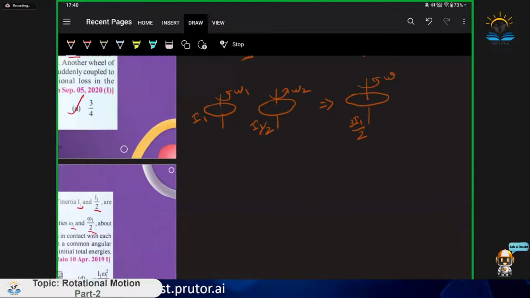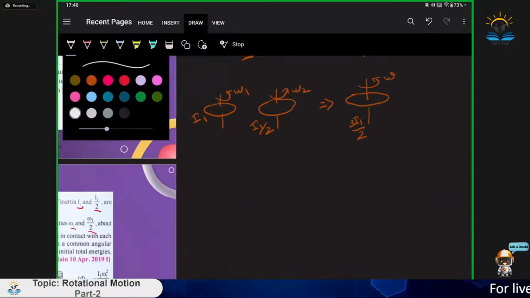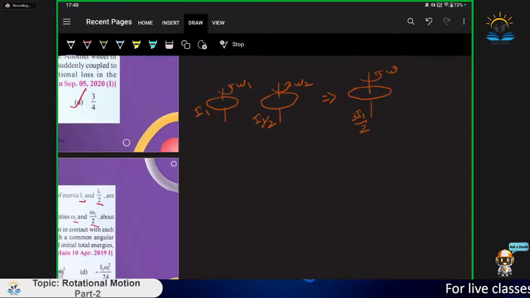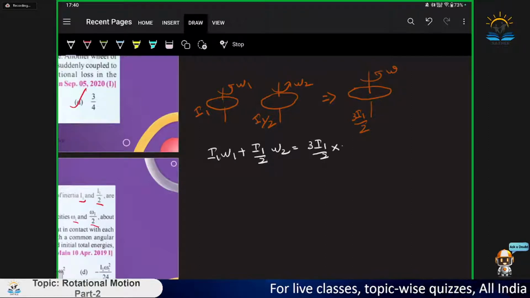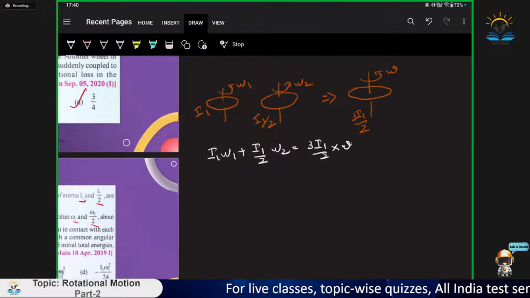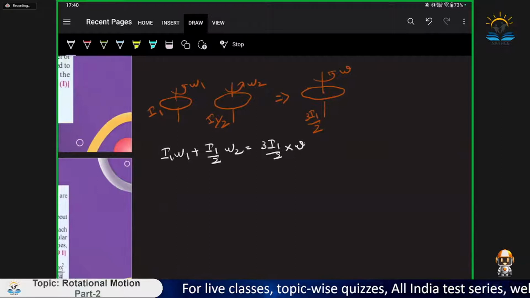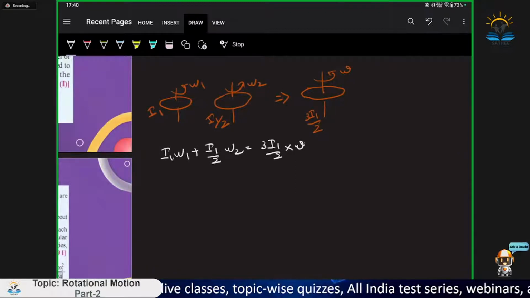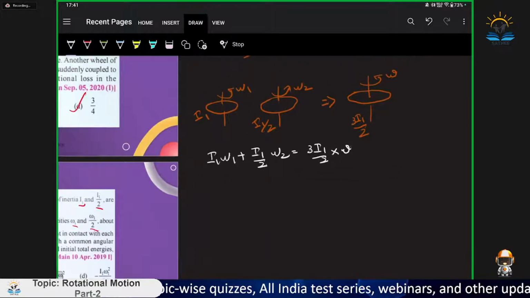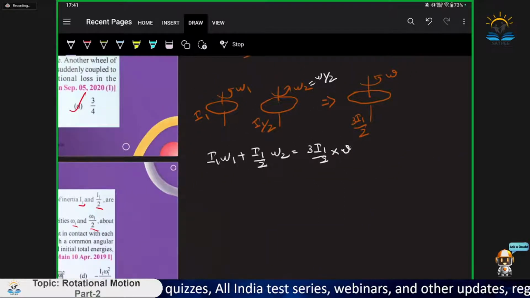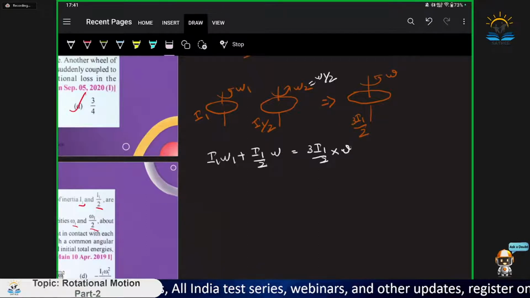Okay, this is the condition. There is no net torque, so by conserving angular momentum, the initial angular momentum is I1 omega 1 plus I1 by 2 omega 2, equal to the final angular momentum 3 I1 by 2 into omega. Omega 2 is omega 1 by 2.